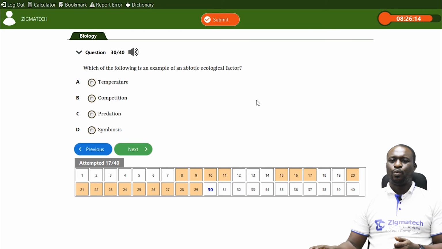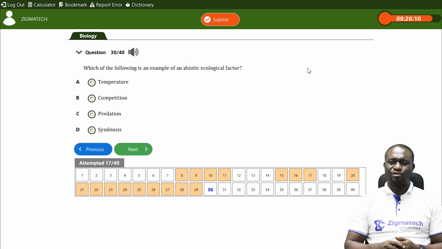Question 30. Which of the following is an example of abiotic ecological factors? One of the best ways to answer this question is to look at the meaning of abiotic. When you hear the word biotic, it has to do with living organisms. When you hear the word abiotic, it has to do with non-living things.